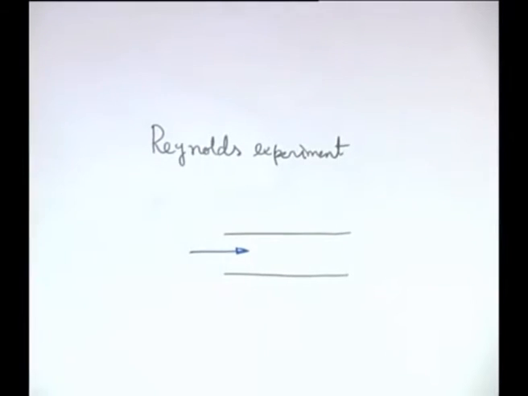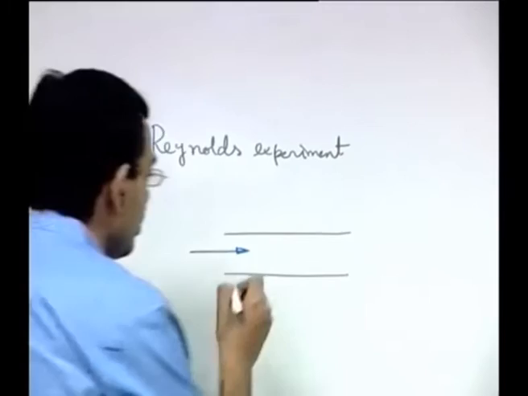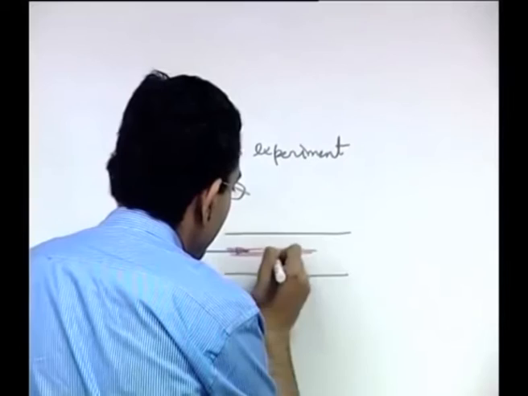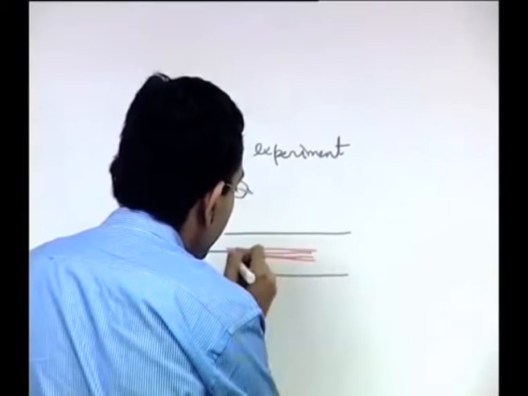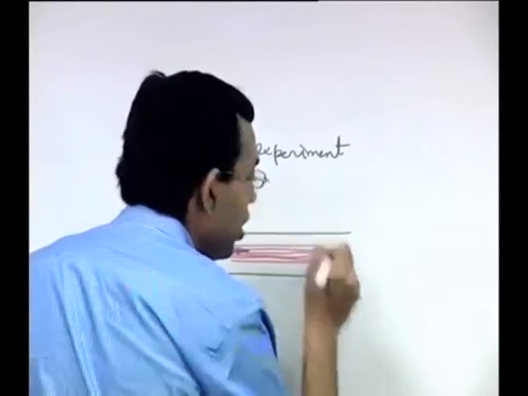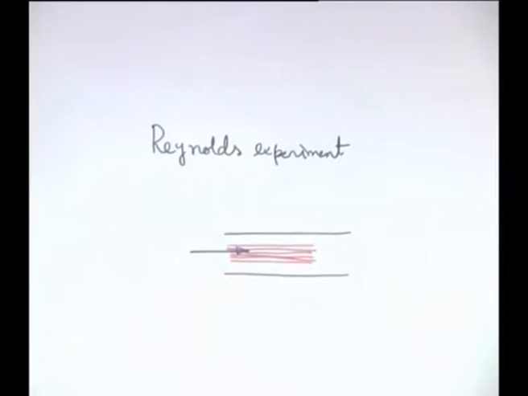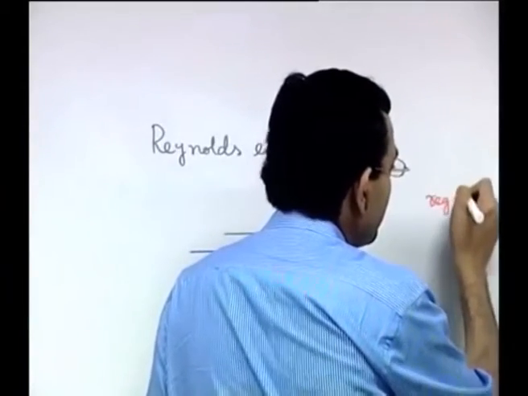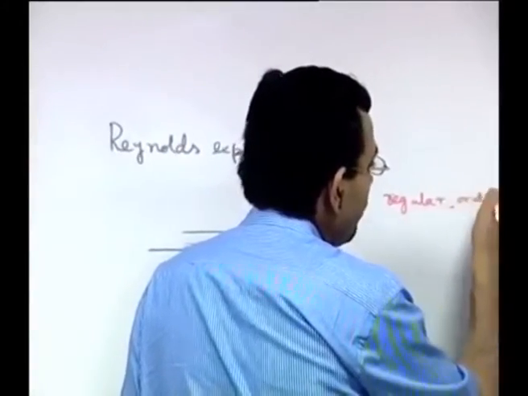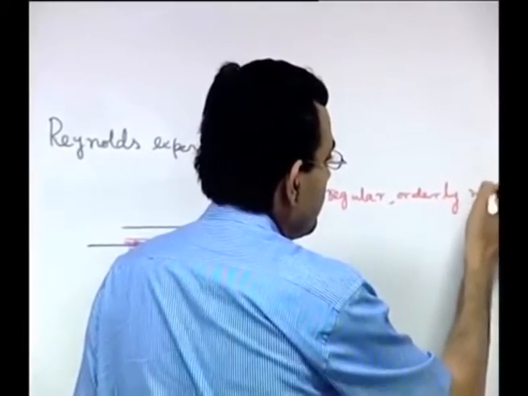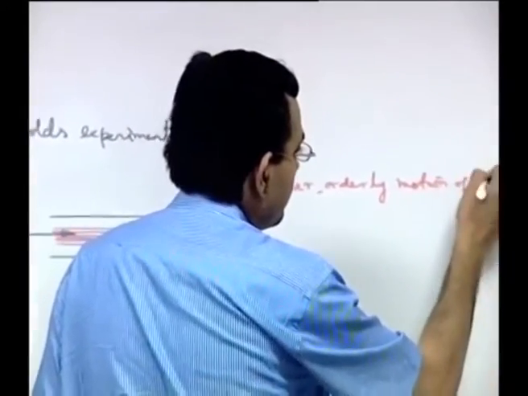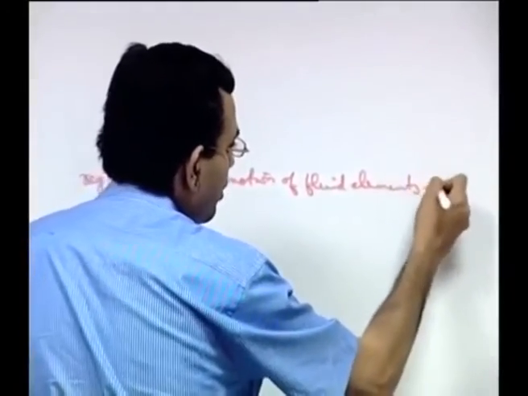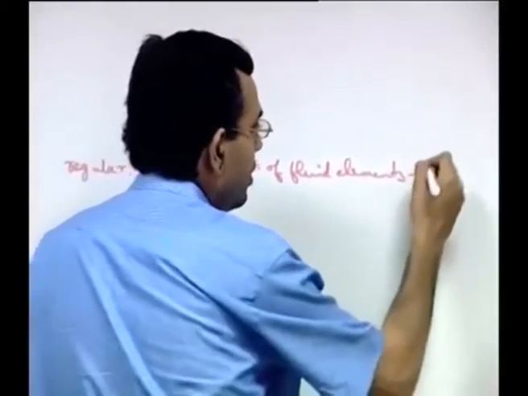The colored dye forms layers one over the other because of orderly motion of the fluid elements. So you have, for low fluid velocities, a regular orderly motion of fluid elements. This is what we usually call as laminar flow.